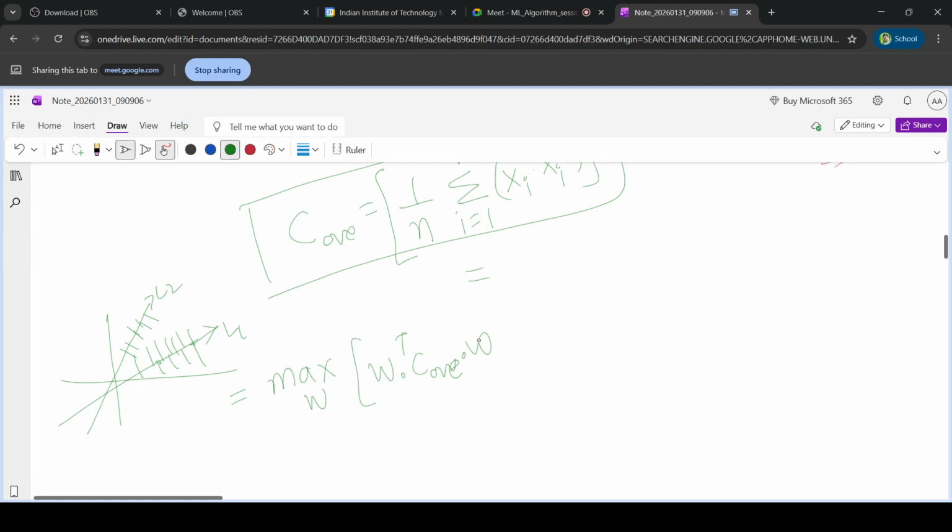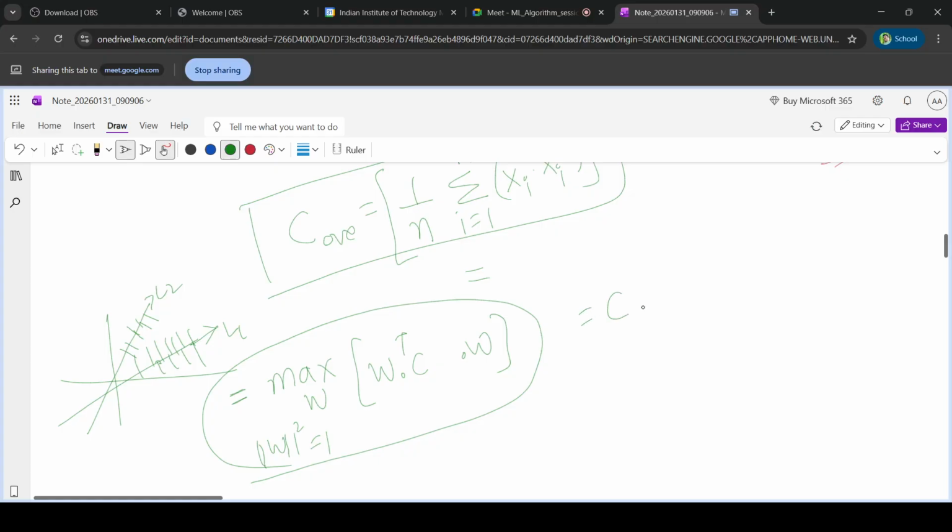You are trying to maximize this, and remember W squared is 1, so you are every time going with the unit circle. What you are doing is trying to get the W which maximizes this equation, W transpose CW.